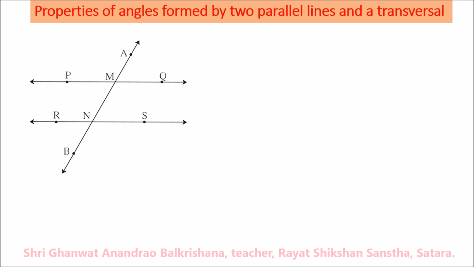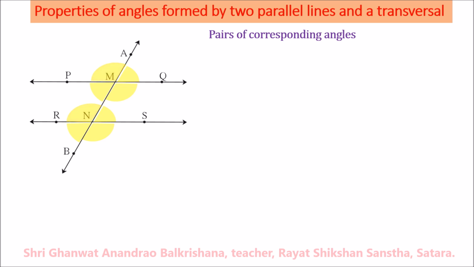Line AB intersects the given two lines in two distinct points, that are points M and N. So a total of 8 angles are formed when two parallel lines are intersected by a transversal. Then each pair of corresponding angles are congruent. Can you tell which are those corresponding angles which are congruent?